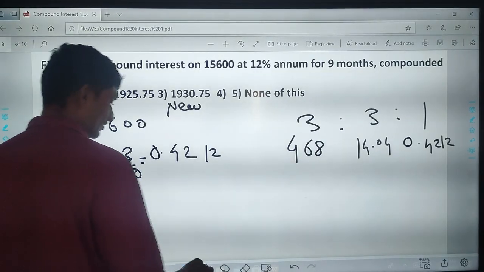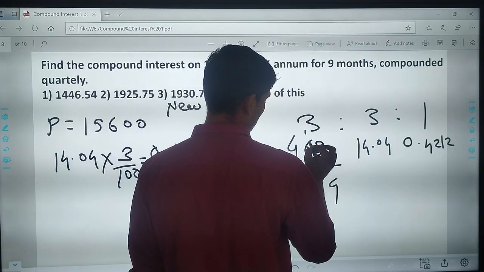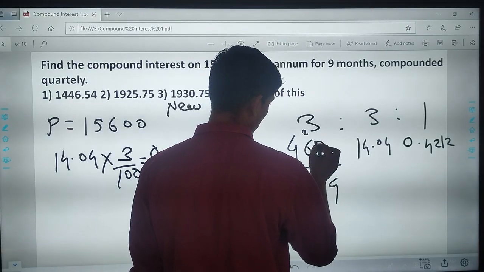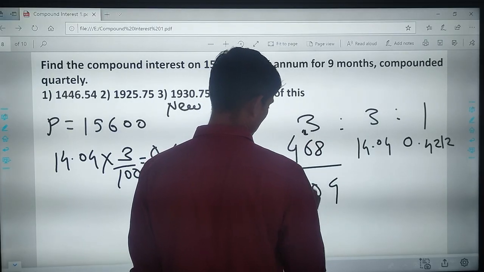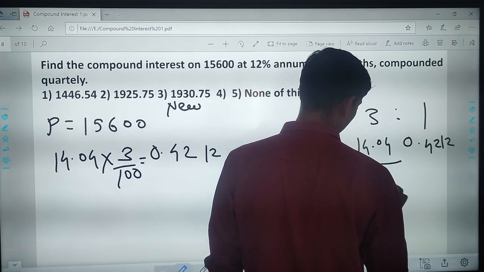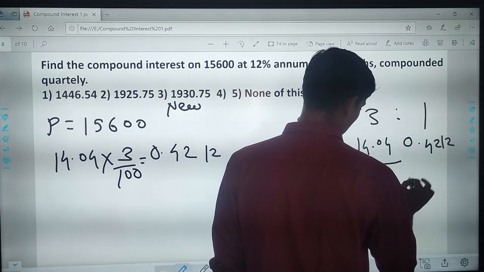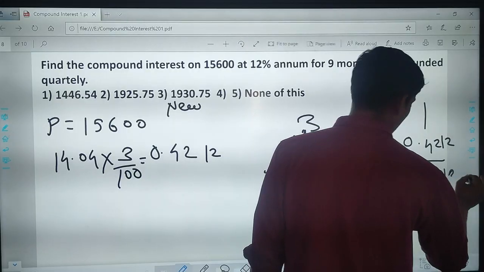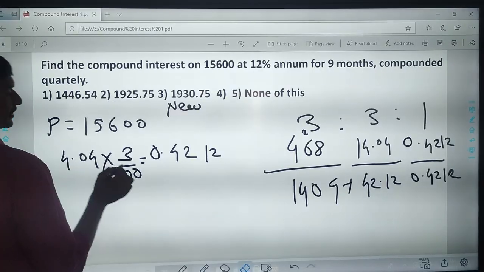We get multiplication of these three values. Plus. We take addition of these three values, we get compound interest for 3 years.